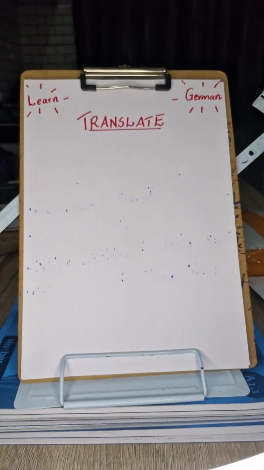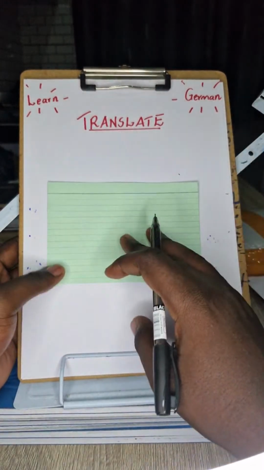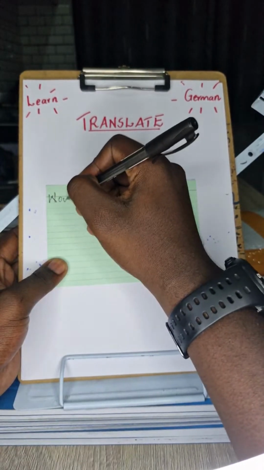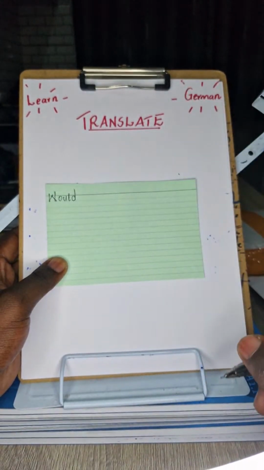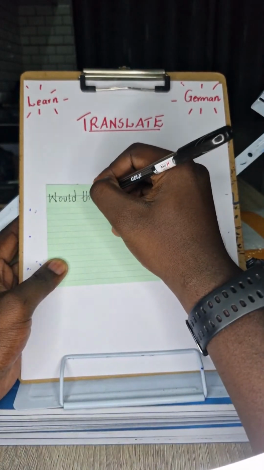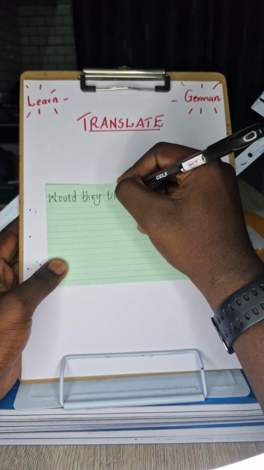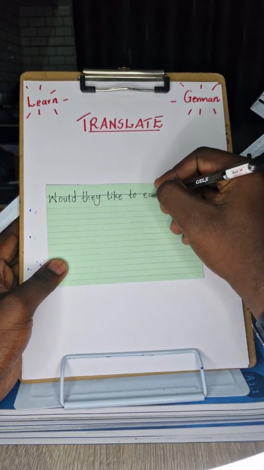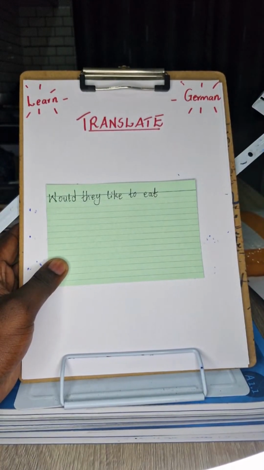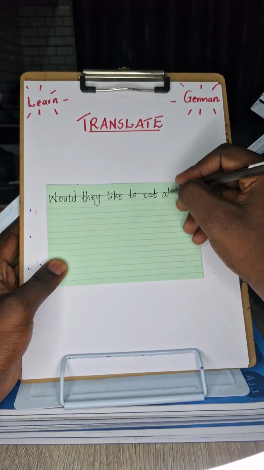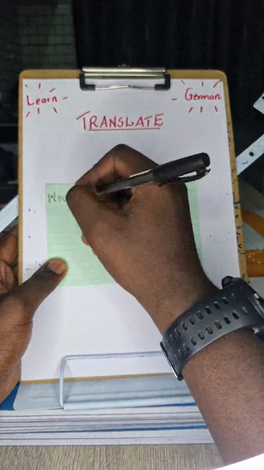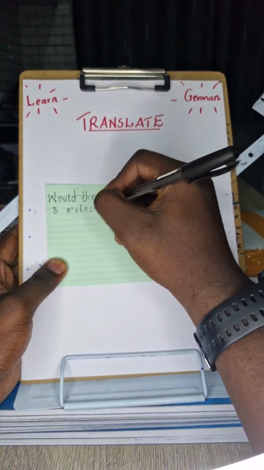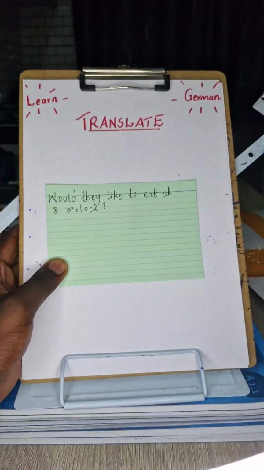Okay, let's take two more examples for the evening. This one says, would they like to eat at 3 o'clock?